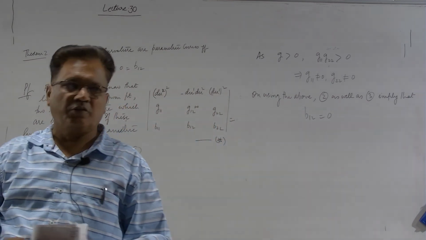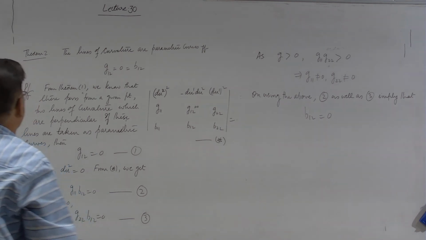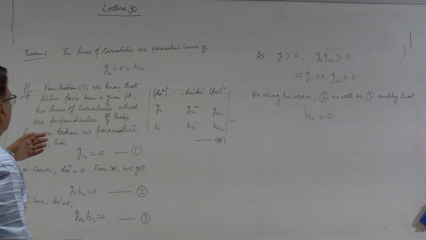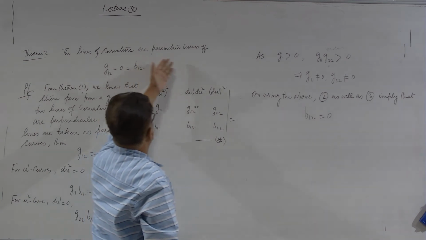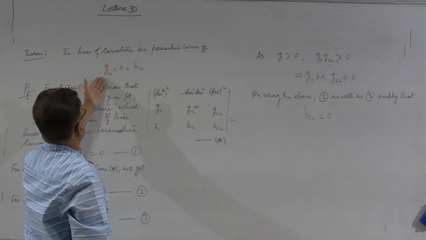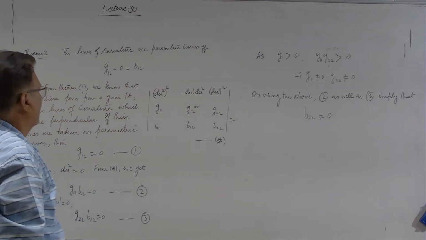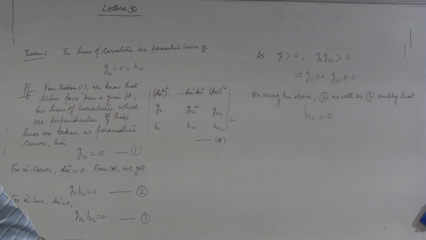So, you have got both g12 as well as b12 0. So, one way we have proved. Okay. So, if our lines of curvature are parametric curves, then g12 and b12 is 0, orthogonal also. If the lines of curvature are parametric curve, if and only if g12 and b12 is 0.